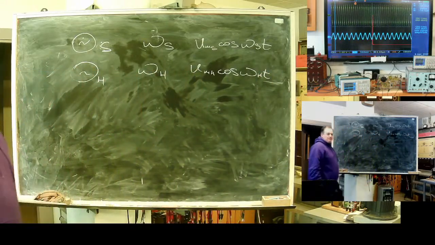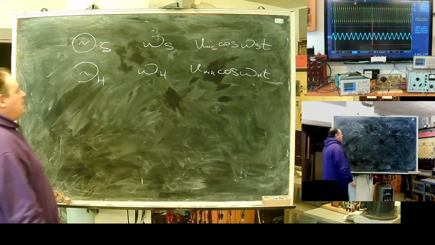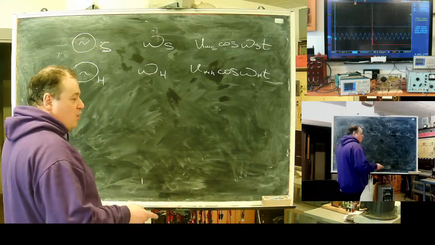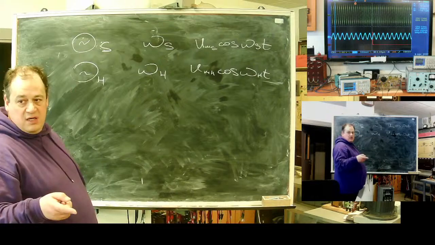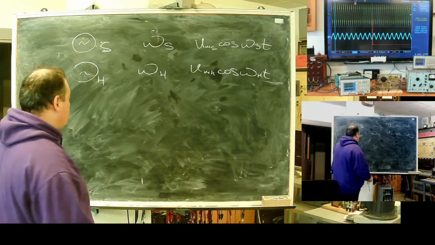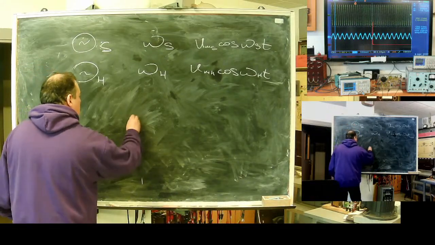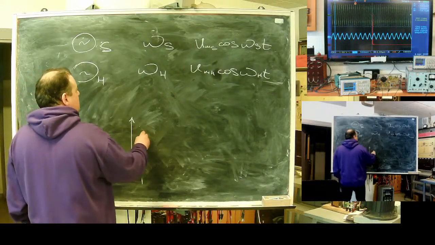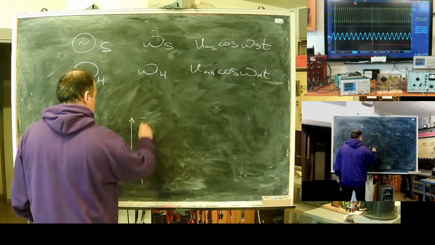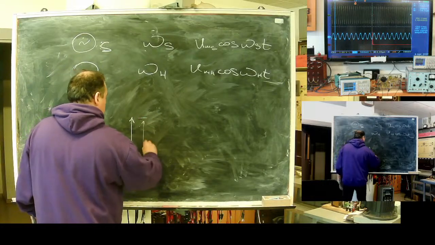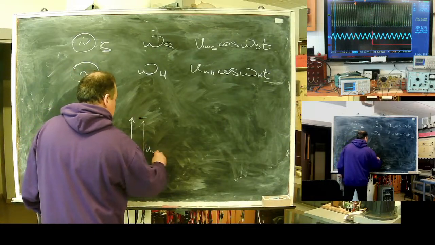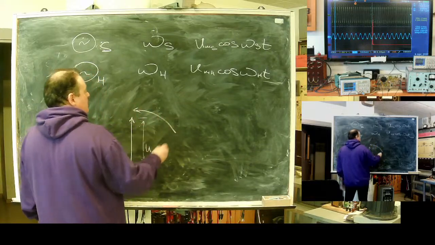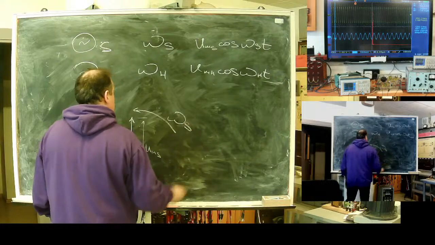Can I do this? I can, let's start with very simple. Only carrier and only heterodyne. I can draw a very simple vectorial diagram. This is a vector with amplitude, let's say signal, and rotating with the frequency omega signal.